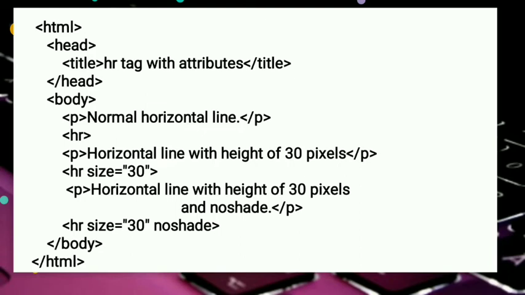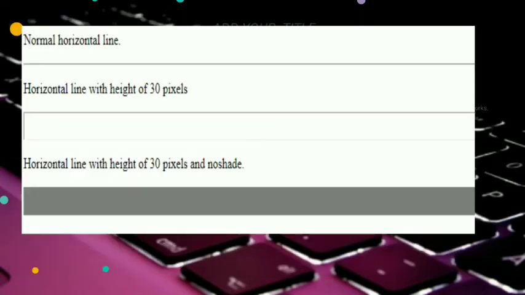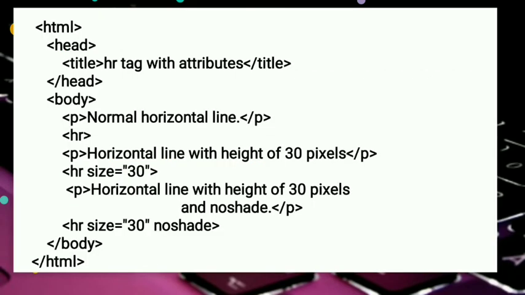Simply we are writing the HR tag, which means the output is one single horizontal line. Again, the third line of the output is a horizontal line with height of 30 pixel, written inside the paragraph tag, p tag.